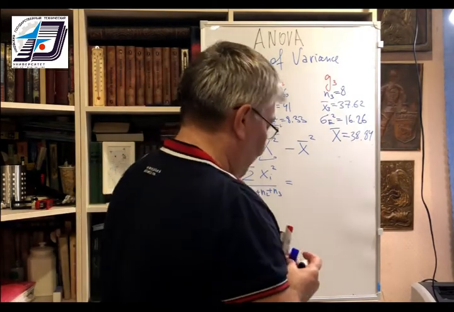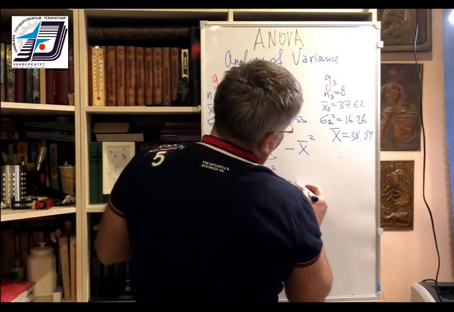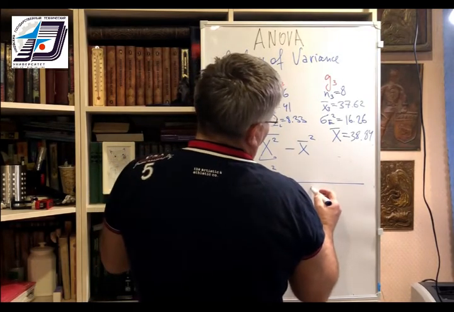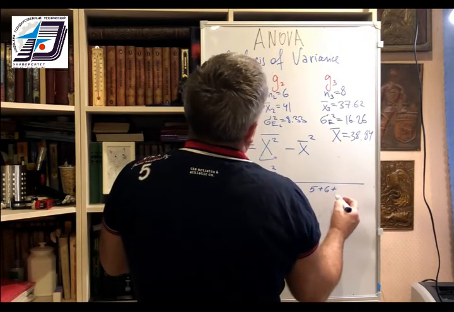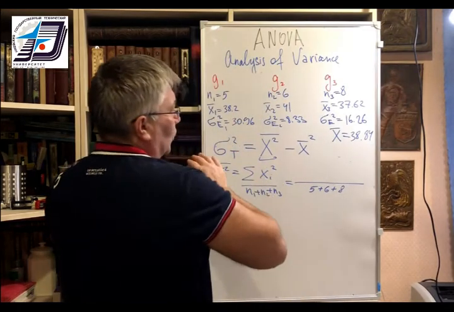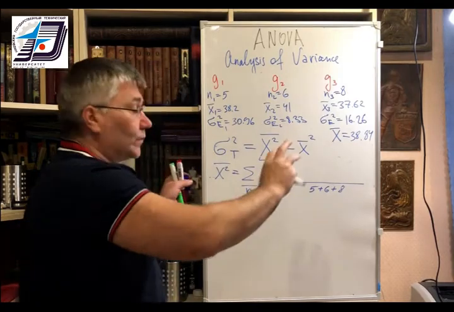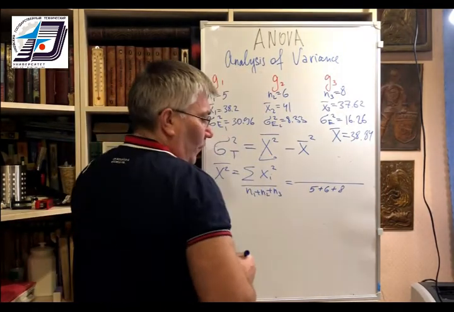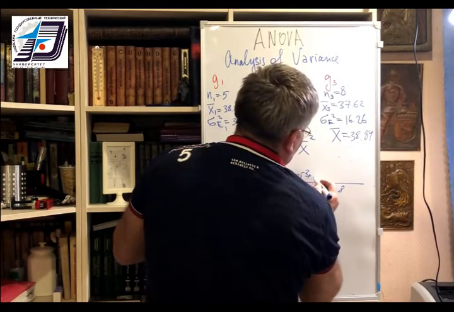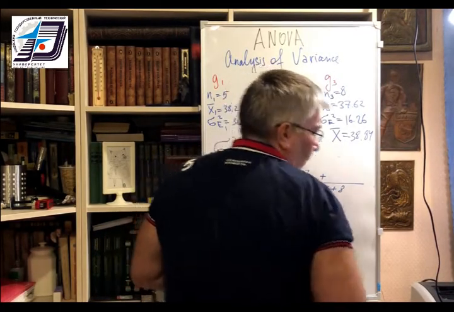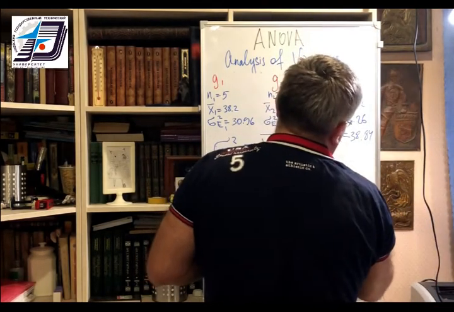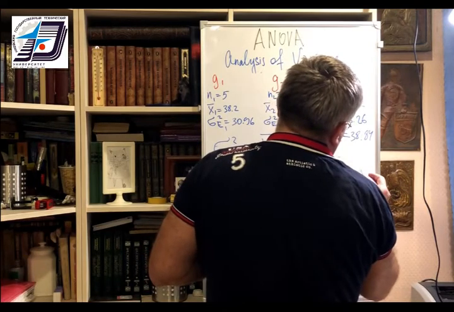So we have here 5 plus 6 plus 8, and here we have the summation across all groups. We have 35 squared plus, and from the second group all of the elements, and from the last one 32 squared.